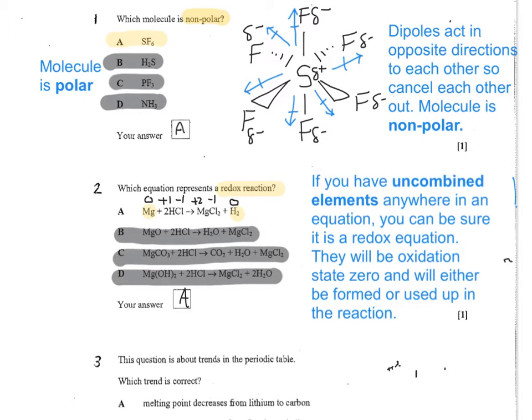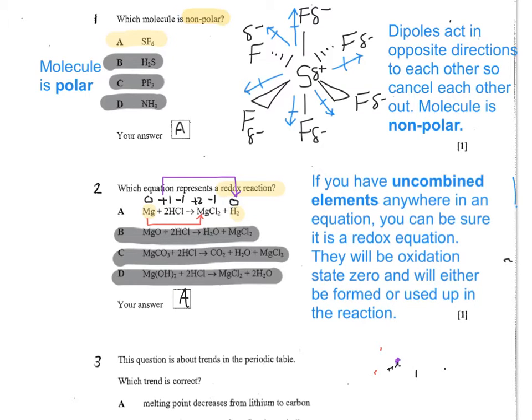So what we're looking at is magnesium going from 0 to +2, and the hydrogen going from +1 to 0.